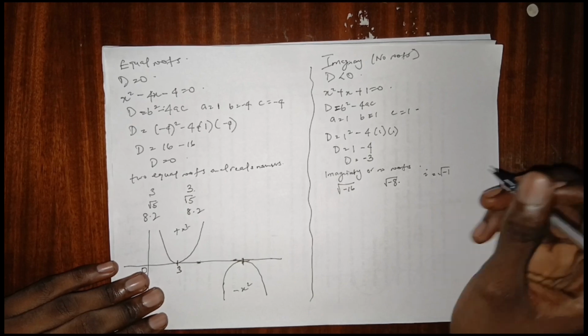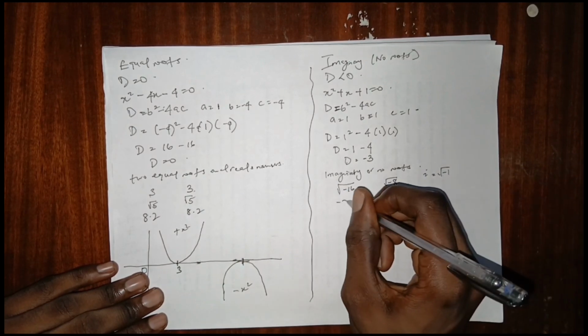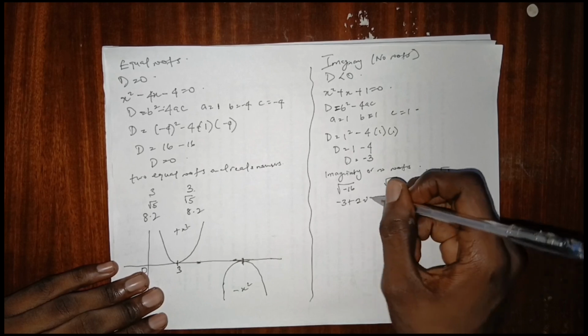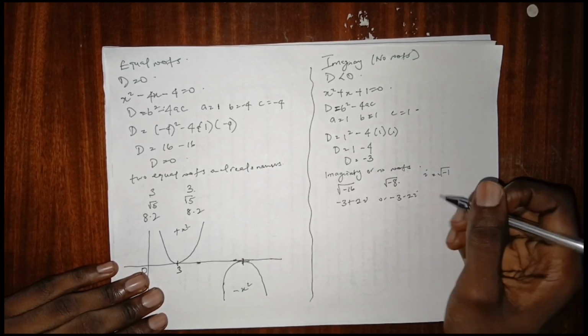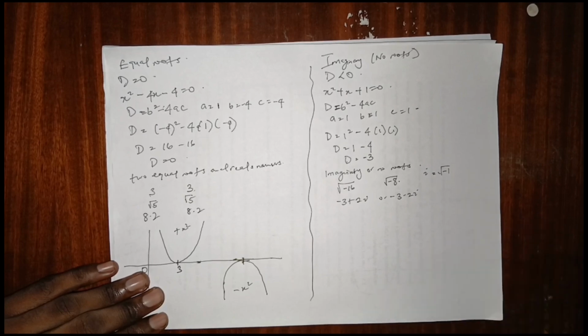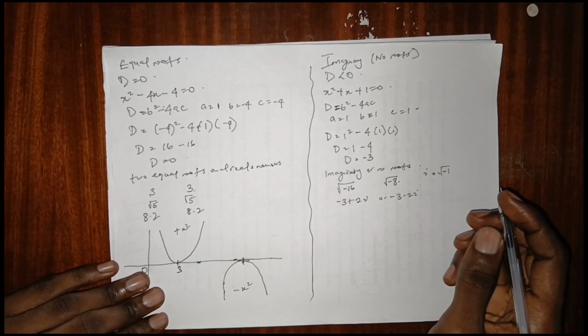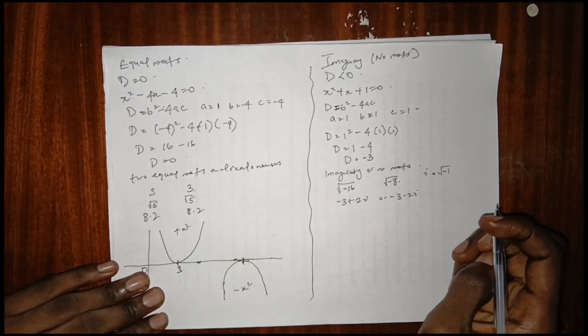So you can have something like minus 3 plus 2i, or minus 3 minus 2i. These are examples of imaginary answers in your quadratic equation.